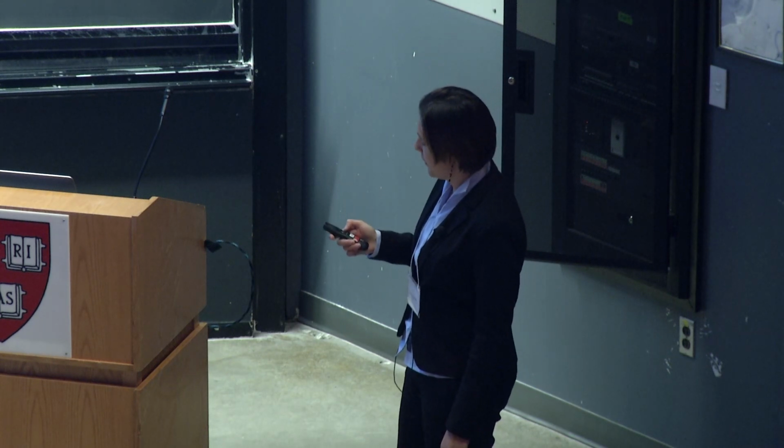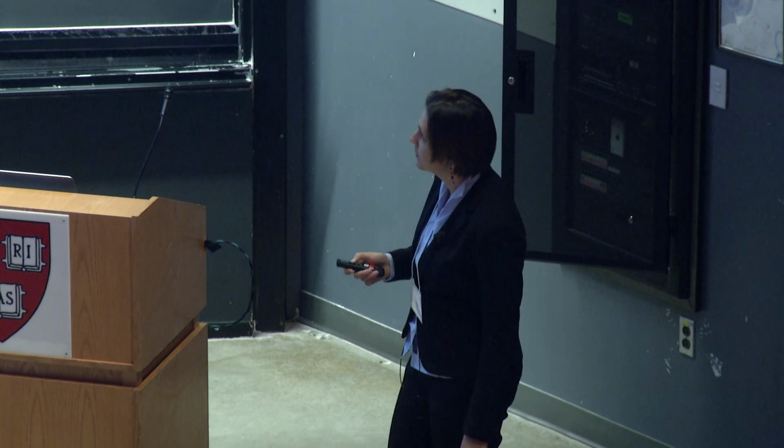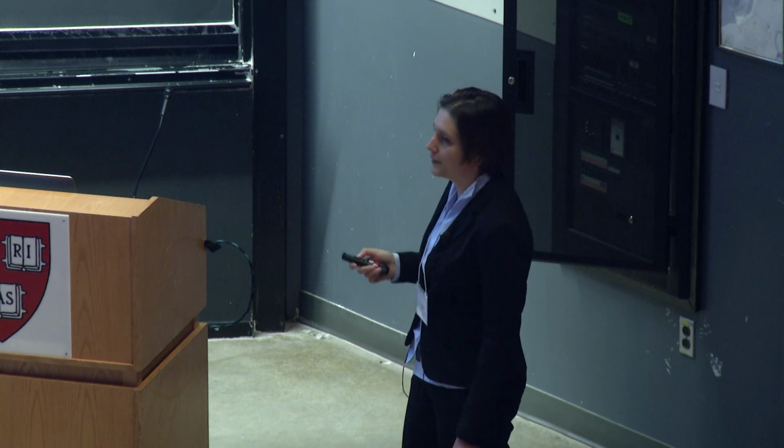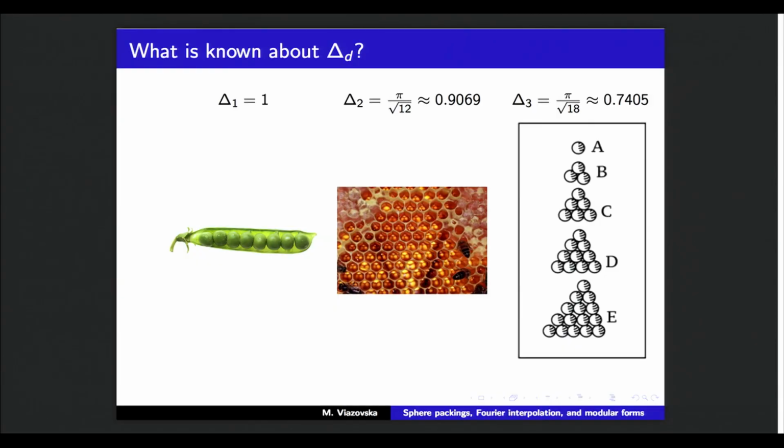So what do we know about this constant in different dimensions? This is what we know about small dimensions. In dimension 1, the sphere packing problem is trivial, and the sphere packing constant is obviously 1. In dimension 2, the problem is a bit more complicated, but still, even bees can solve it. We see here a hexagonal packing, and such balls would cover more than 90% of the area.